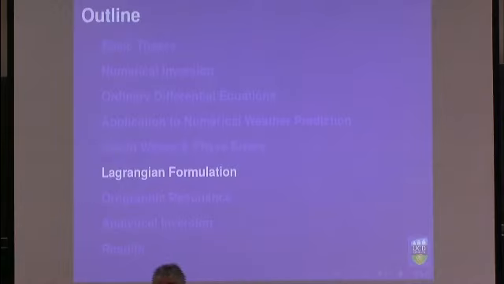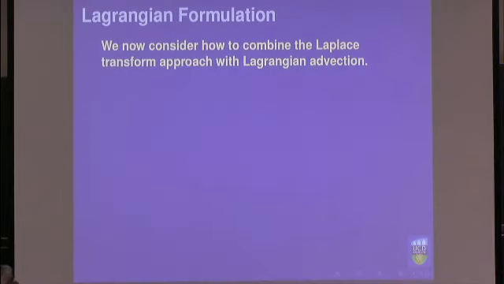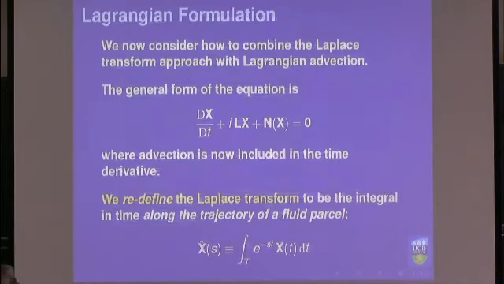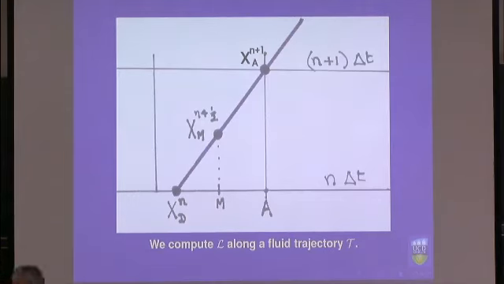Okay, it's relatively easy to apply this idea to an Eulerian model, but how do you apply it to a Lagrangian model? Well, let's go right back to the beginning and ask ourselves, what is a Laplace transform? What does it mean? And I'll just show the picture actually. We now redefine a Laplace transform to be an integration along a trajectory.